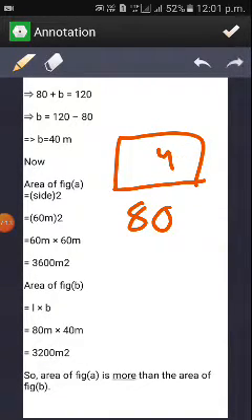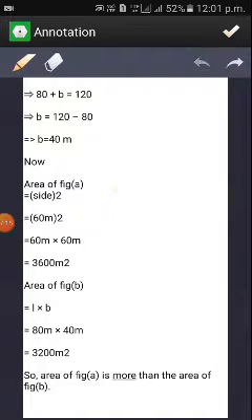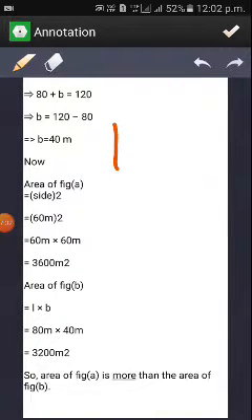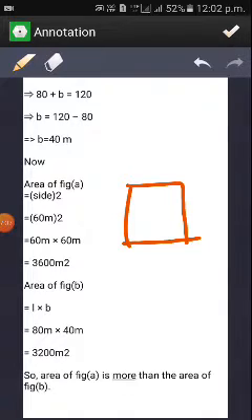Now we can find the area of this rectangle. First, finding the area of the square whose sides were given to be equal to 60. So area of figure A, which is a square, equal to side square. You have already derived this formula for the square. Area of square equals side square.